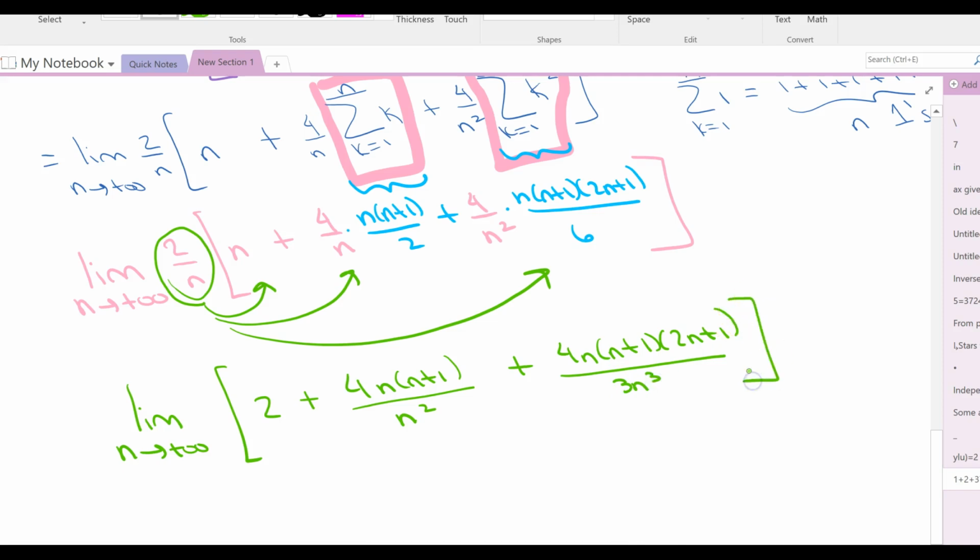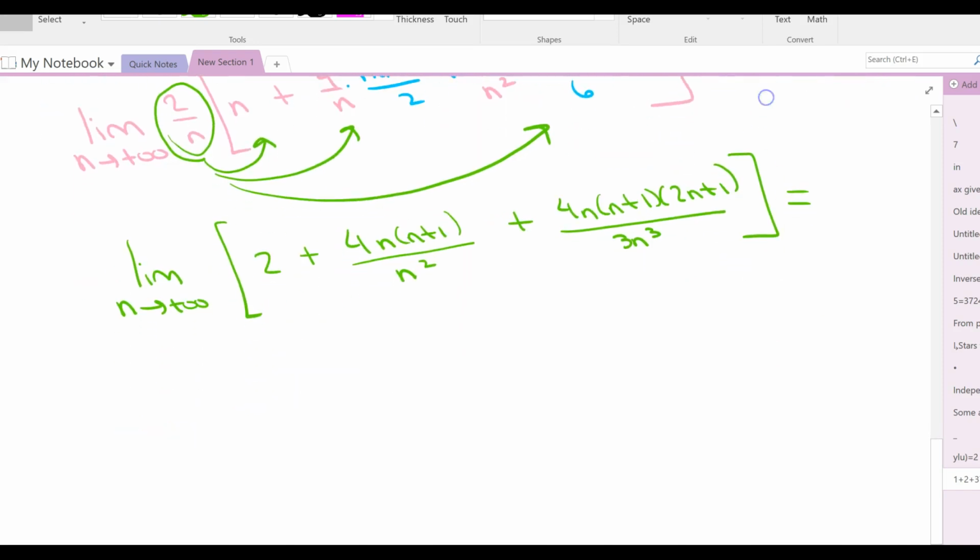Did everyone see how I simplified the 2 as I distributed? All right, very good. Here we go. The limit as n approaches positive infinity of 2 plus, okay, maybe we're saying to ourselves, we've taken such great care, let's just write this all out just because we know we can.